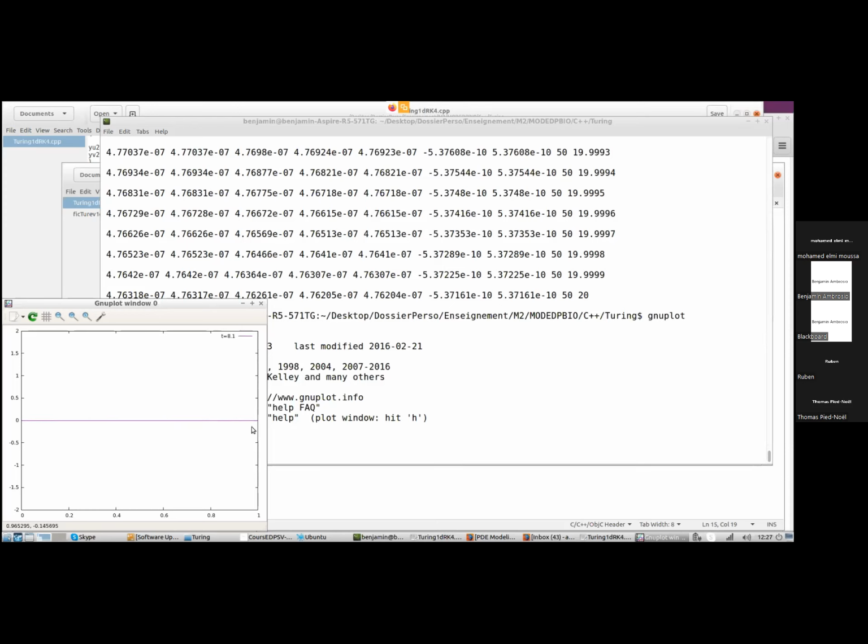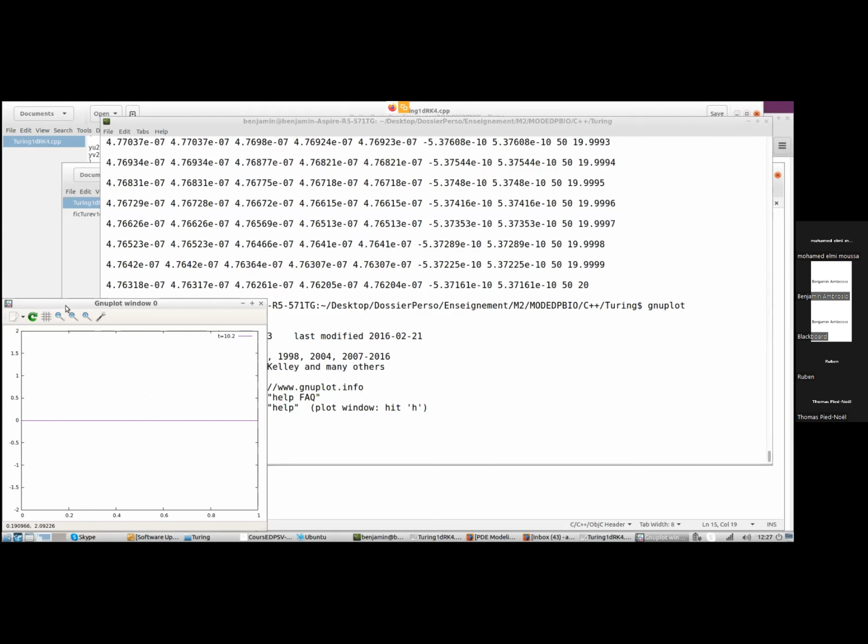All right, we are going to stop the class now. We did some theory, and then we performed some numerical simulations.